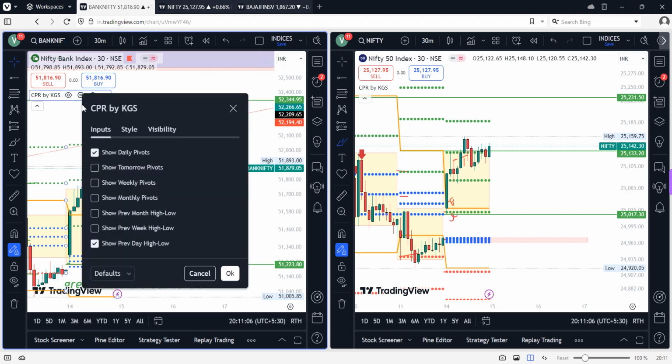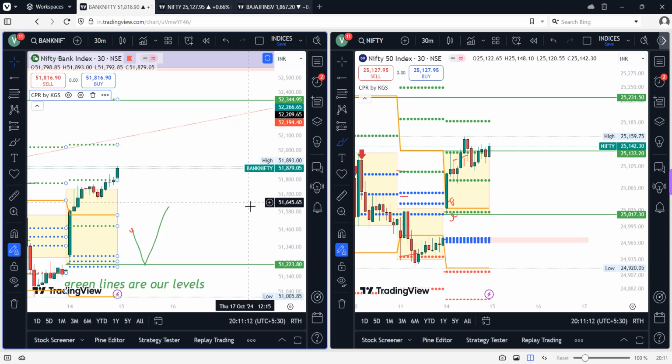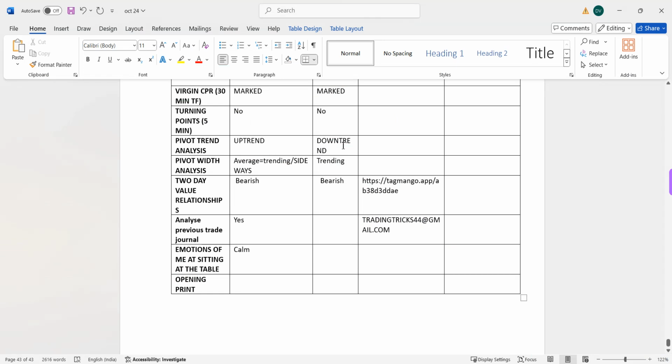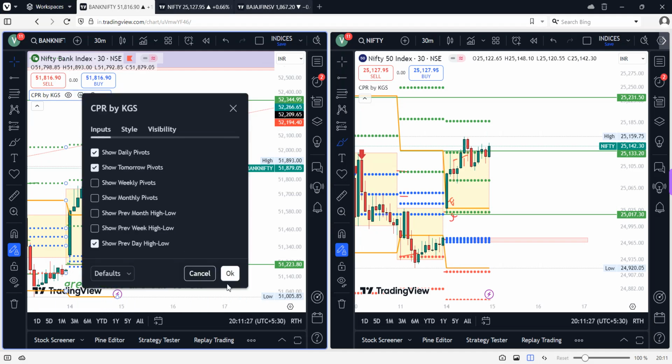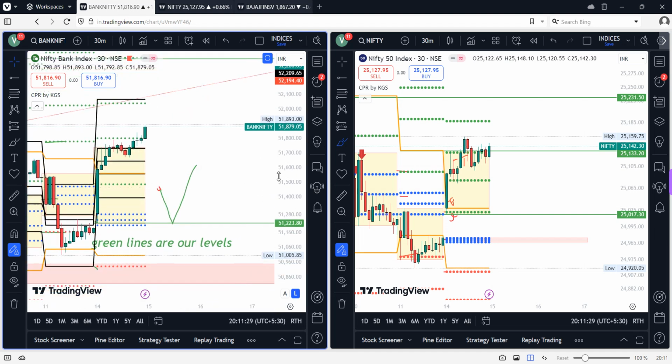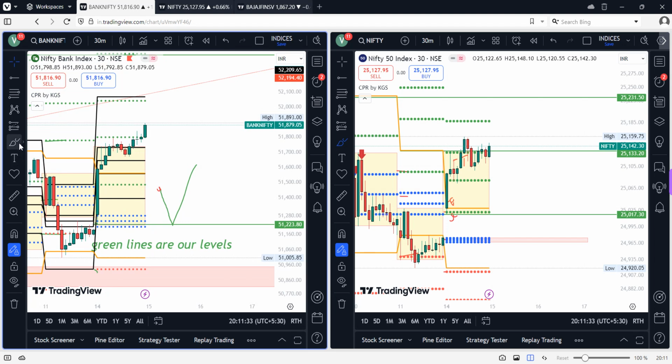Now let's check what the trend is. Both Nifty and Bank Nifty are in uptrend. Let me mark these levels first.